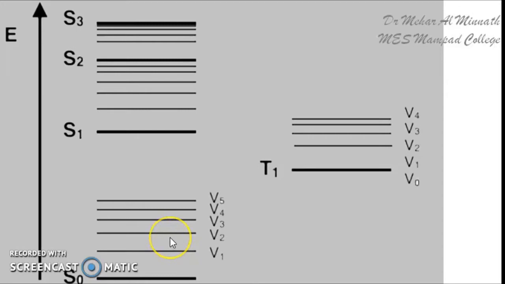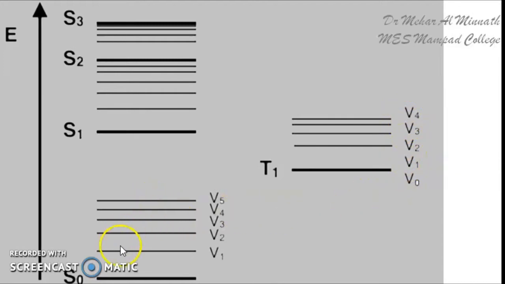Now this vibrational energy level can be further subdivided into rotational energy levels also, but in the Jablonski diagram we do not go much into these detailed energy levels. Alright, now here you have the triplet excited state, the first triplet excited state. This also has vibrational energy levels, and they are marked V0, V1, V2, etc.